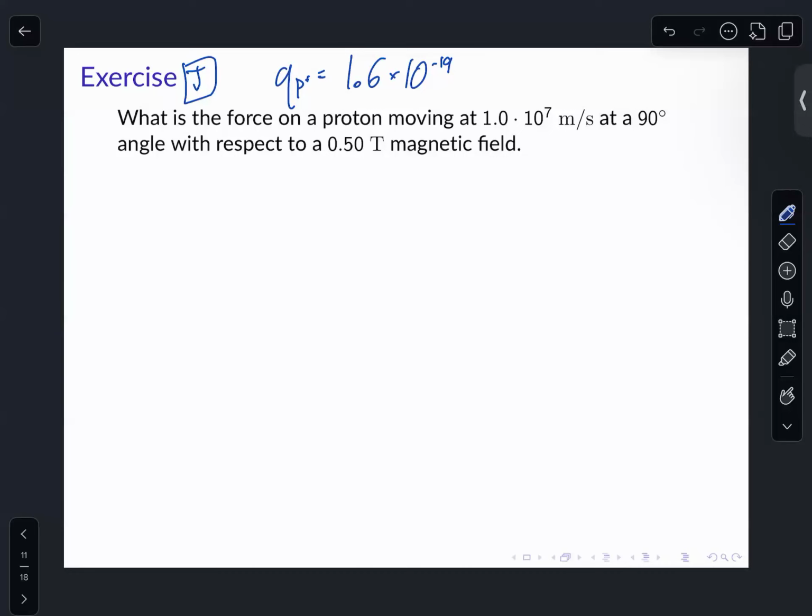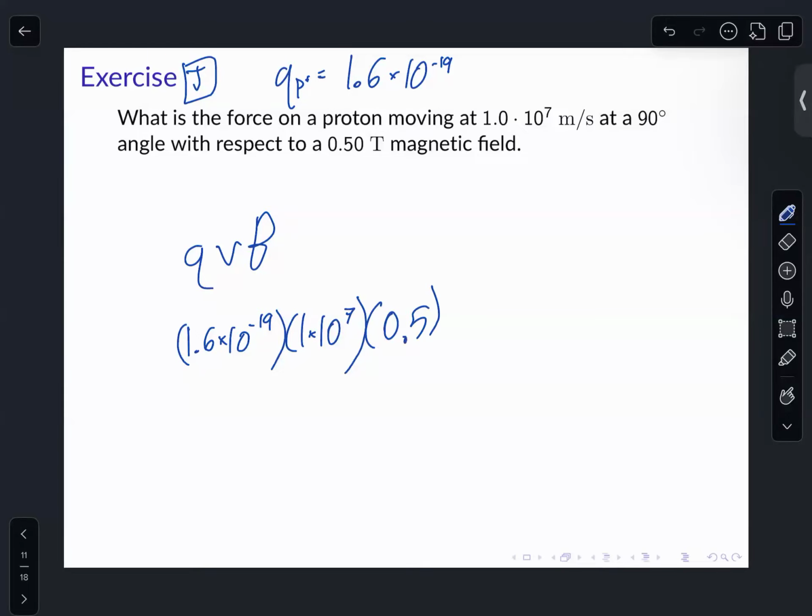Is it 0? No! Moving at 90 degrees, perpendicular. Q times V times B. 1.6 times 10 to the -19, times 1 times 10 to the positive 7, whoopsie. 0.5 Tesla, the unit, so times 10 to the nothing. I prefer to multiply 1.6 times 0.5.